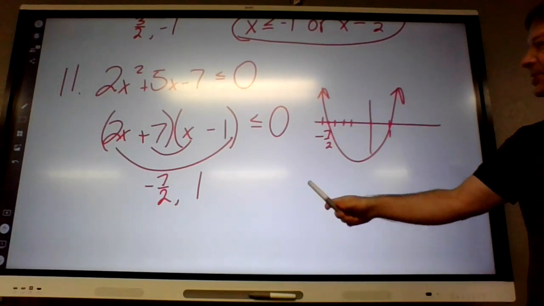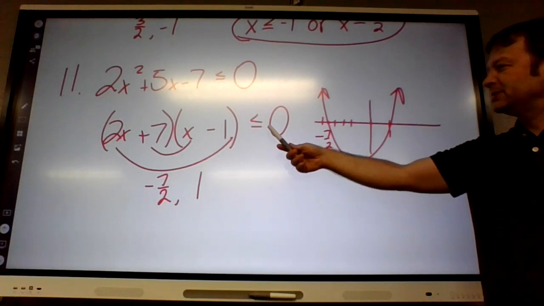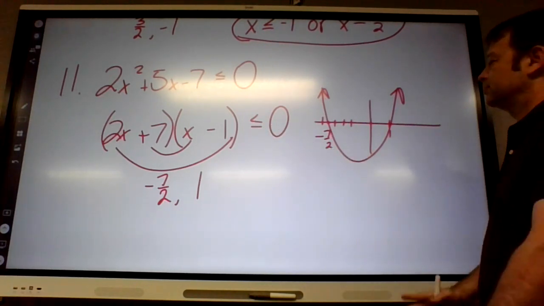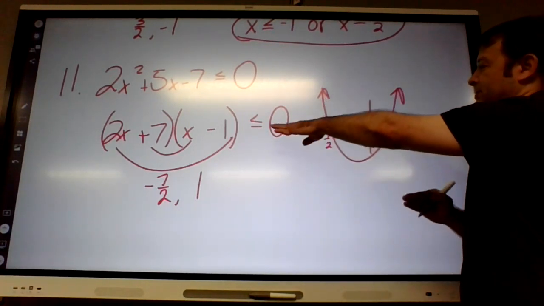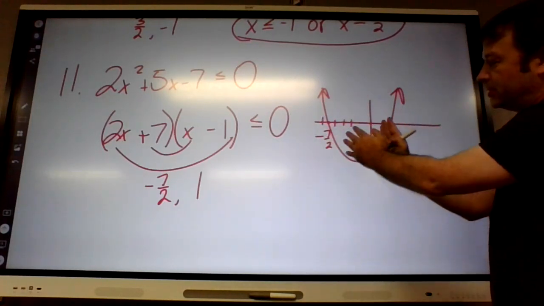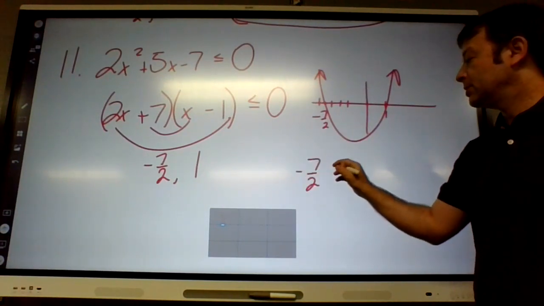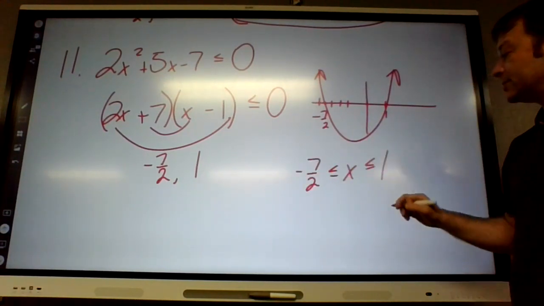This time we want less than or equal to 0. Less than 0 means negative, so where is it negative? In the middle here. So it's between negative 7/2 and 1.